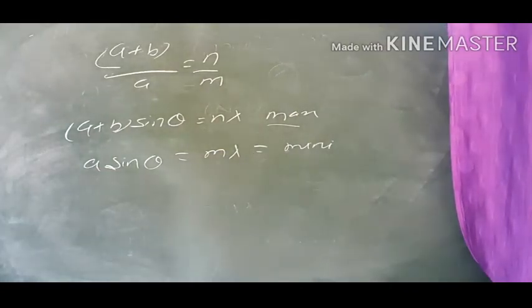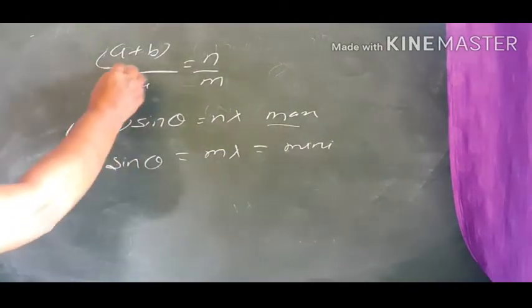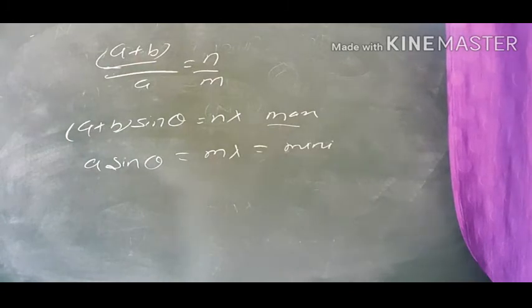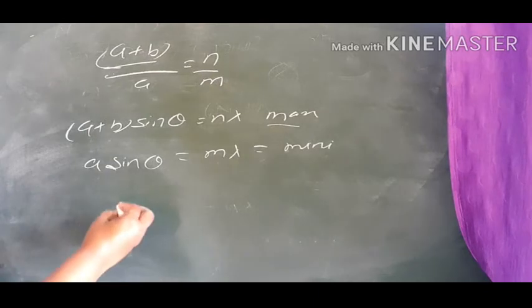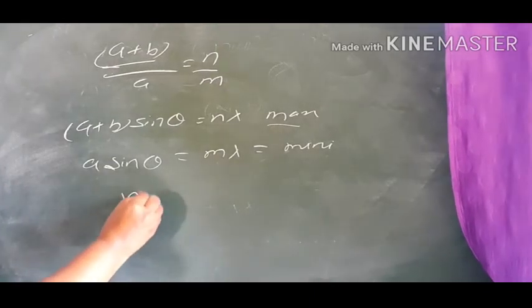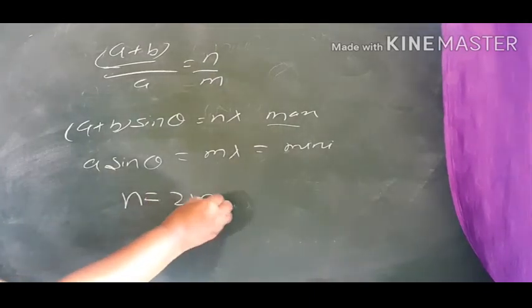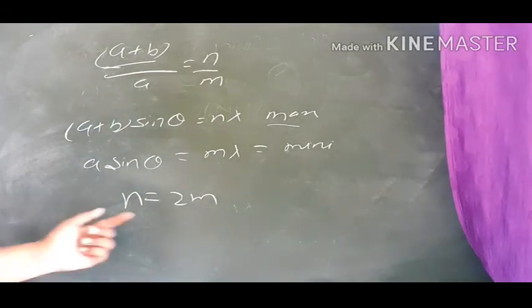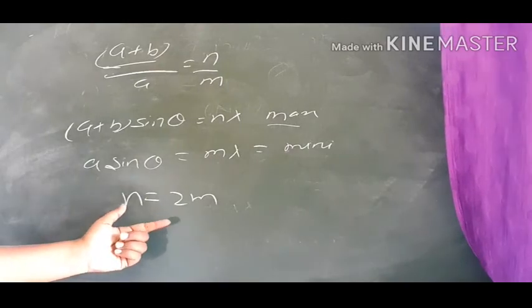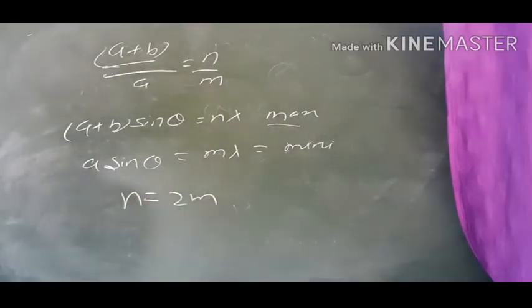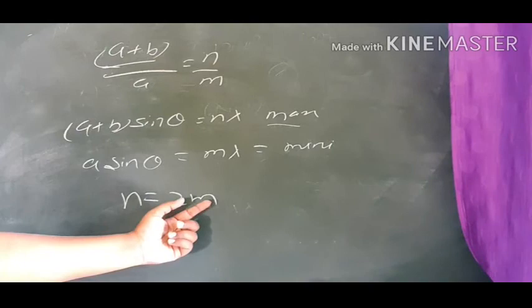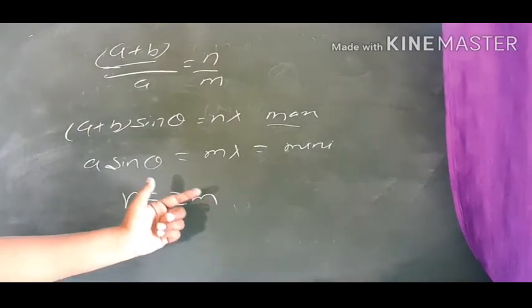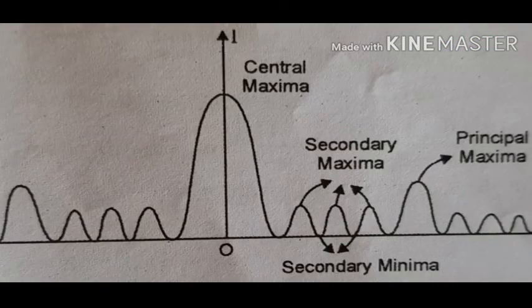So if a and b are equal, the width of the slit is equal to the separation between two slits, we have n is equal to 2m, where m is equal to 1, 2, 3 and so on. So from here we can see that the second, 4th, 6th order of the spectra will be missing. For m equal to 1, 2, 3, n is equal to 2, 4, 6, 8 and so on. These spectra are missing.